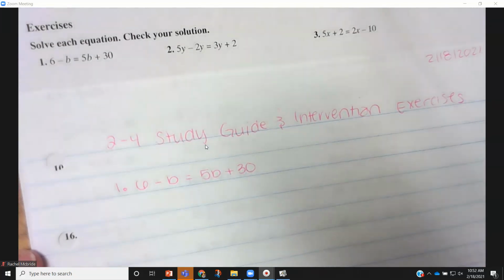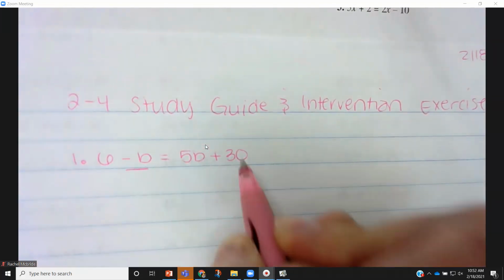In order to solve a problem with a variable on both sides of the equation, I need to get the variables on one side and the numbers on the other. We have to use our properties to get the equation to have a variable on one side and the numbers on the other.